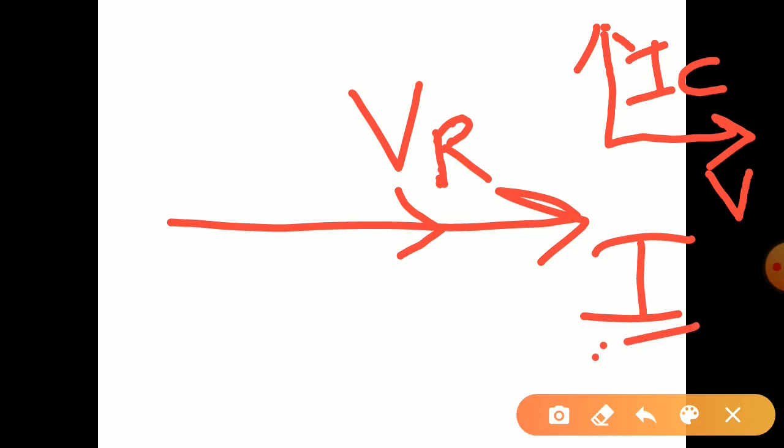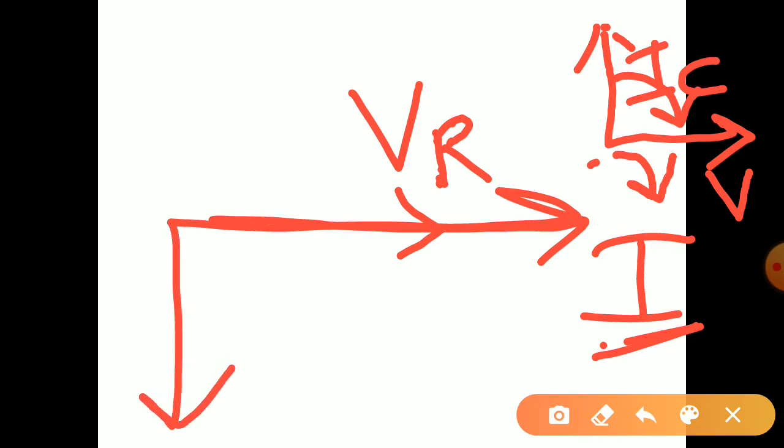Now as the current is the same for the given circuit, this phasor will have a shift. I will come here and voltage VC will shift to the downward side.